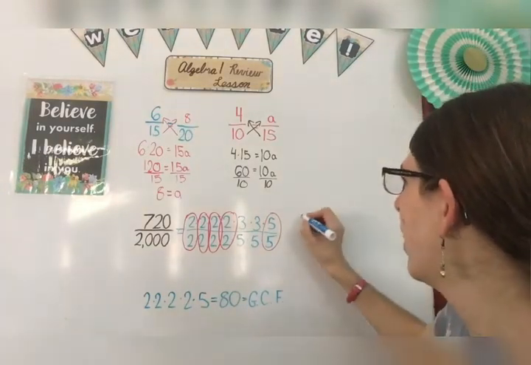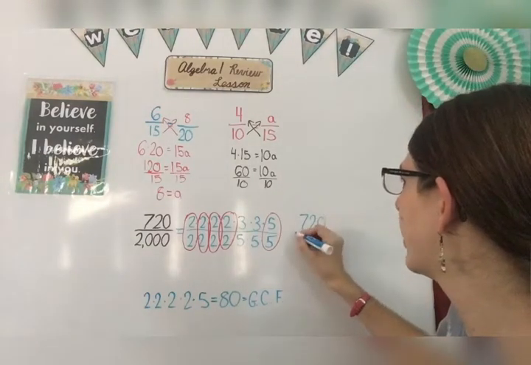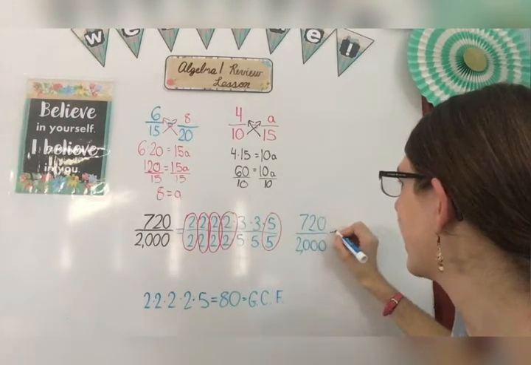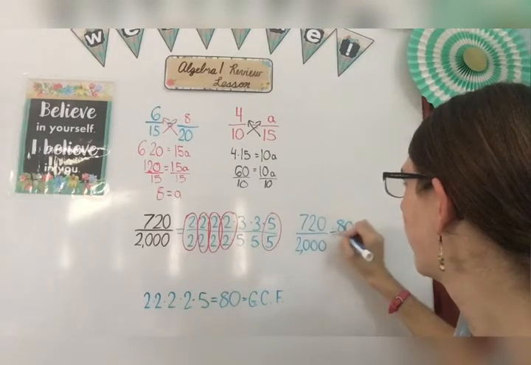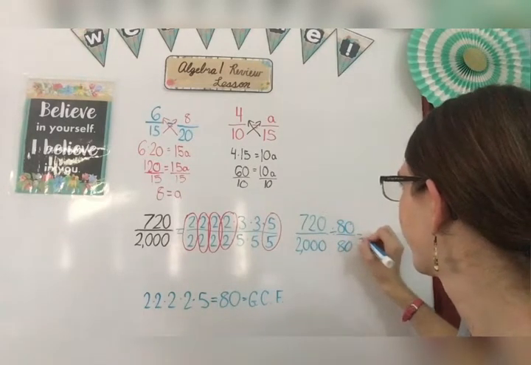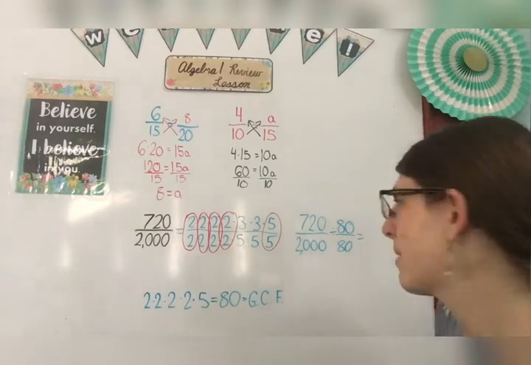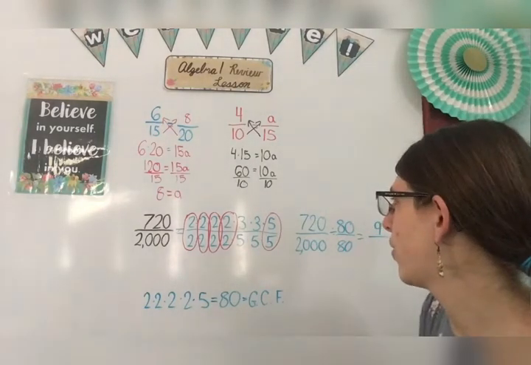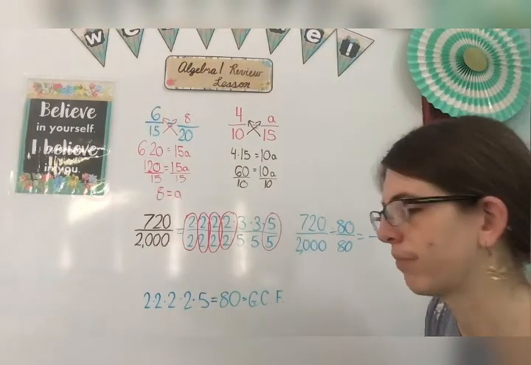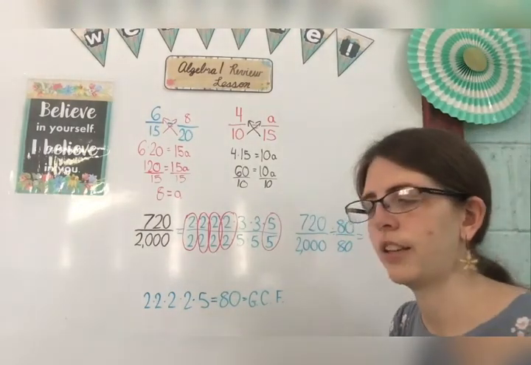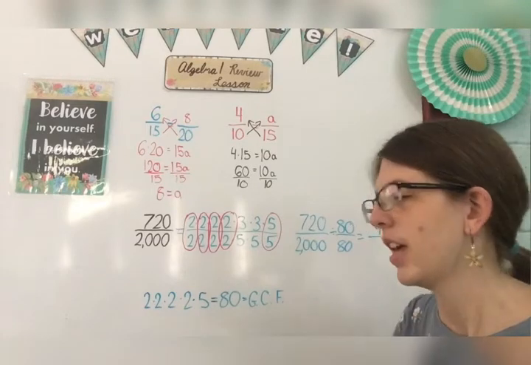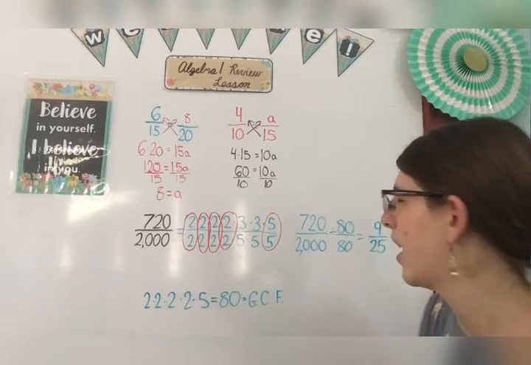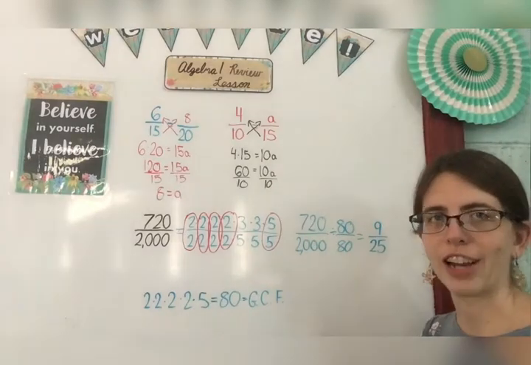You will now divide 720 and 2000 by 80 on the top and on the bottom. So 720 divided by 80, that's 9. 2000 divided by 80 is 25. And that's your reduced fraction.